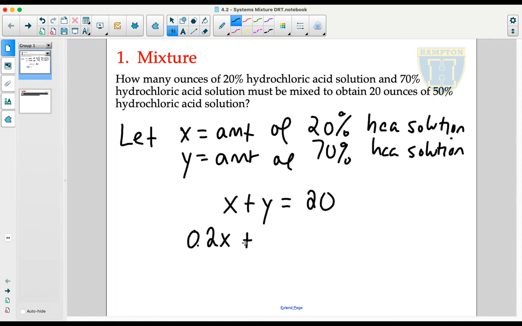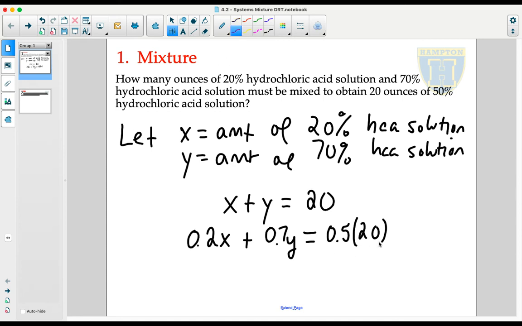If I take some of the 70% mixture and mix that in, only 70% of that part is contributing hydrochloric acid to the solution. My goal, or the target for adding those two in, is to obtain a 50% solution that is 20 ounces total. A 50% hydrochloric acid part in a 20-ounce total solution.